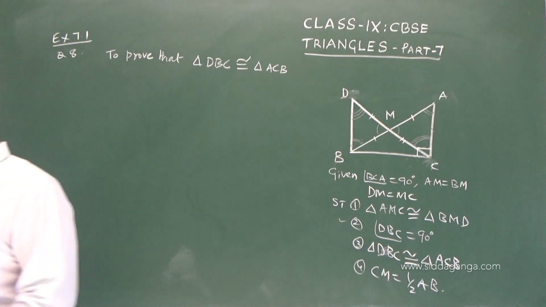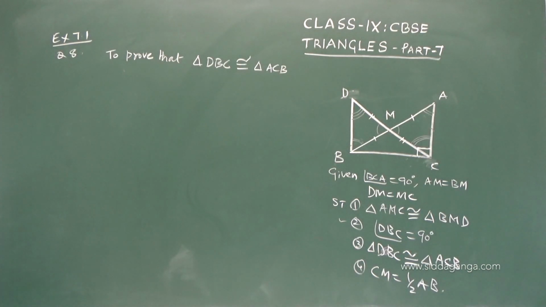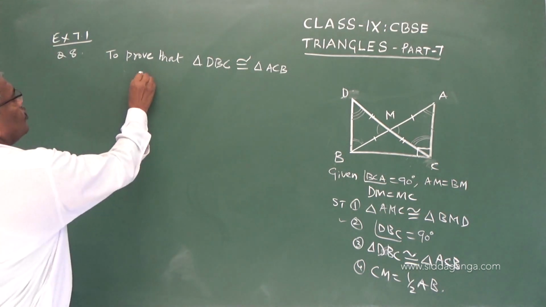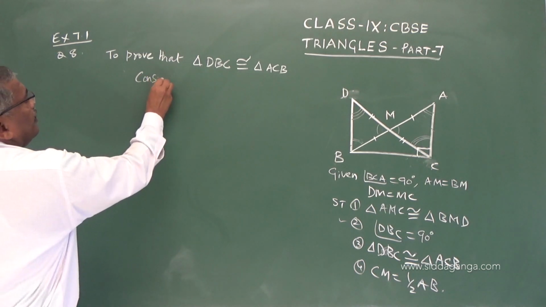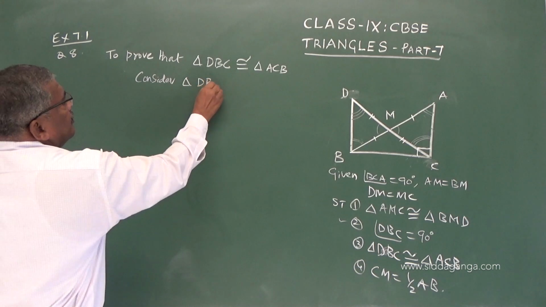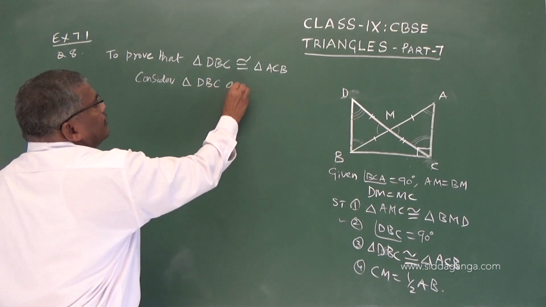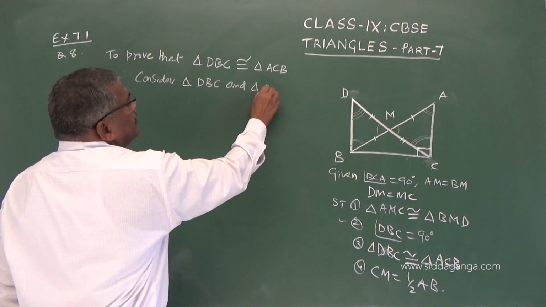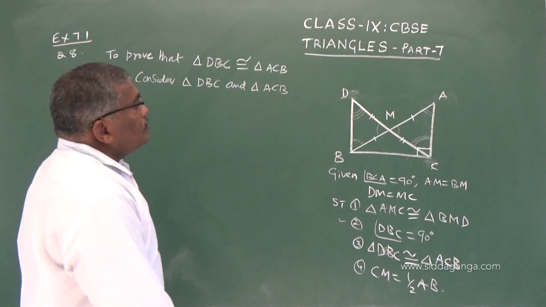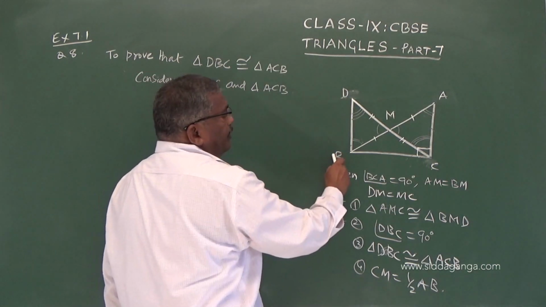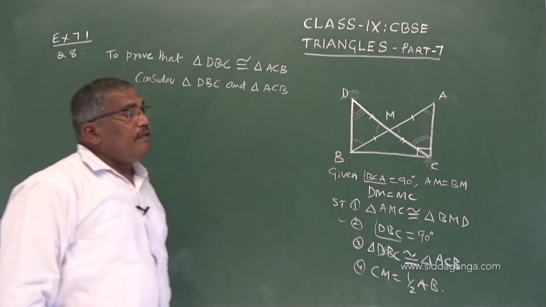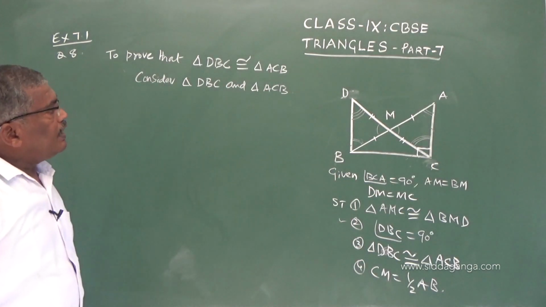So the third part we have to take up. Now consider those two triangles, triangle DBC and triangle ACB. Now you observe those two triangles. So where is DBC? DBC and ACB. Now examine these two triangles.